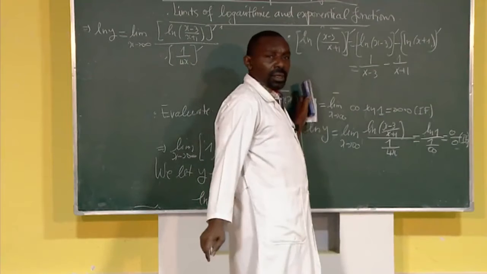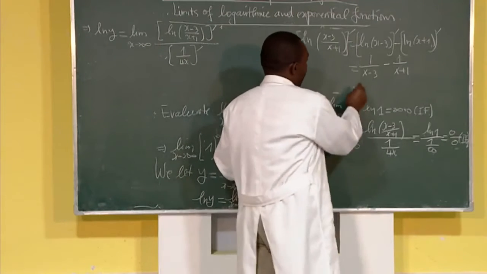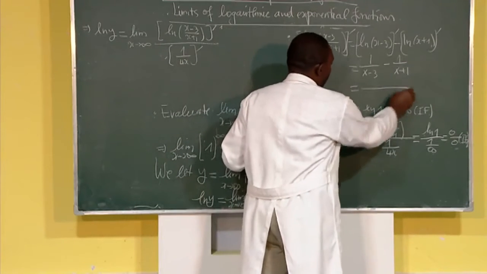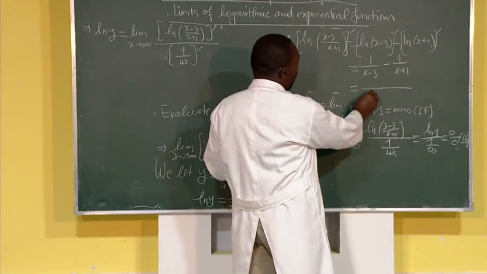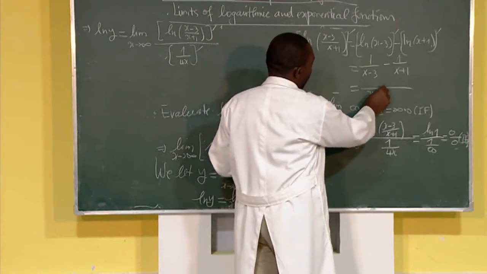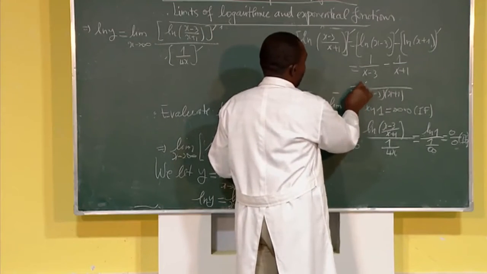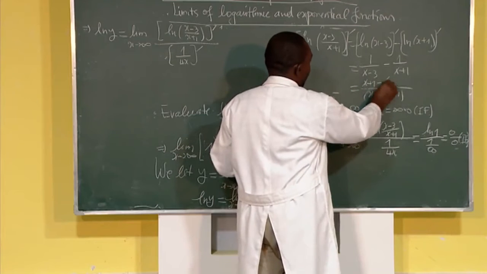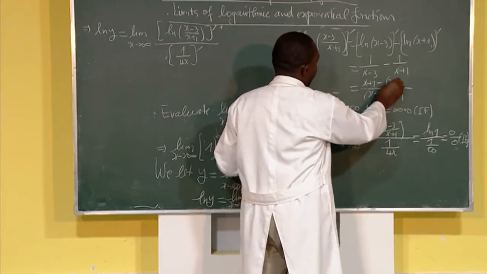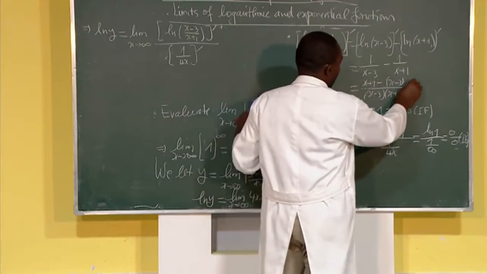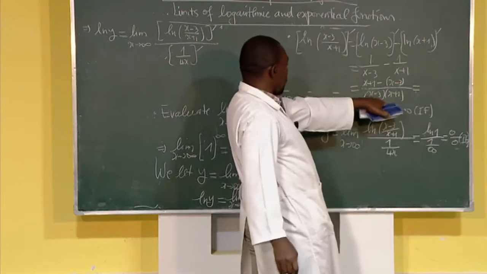Are we together? Thank you. Then, putting on a common denominator, we have (x minus 3) times (x plus 1), and in the numerator (x plus 1) minus (x minus 3). We will be having what?